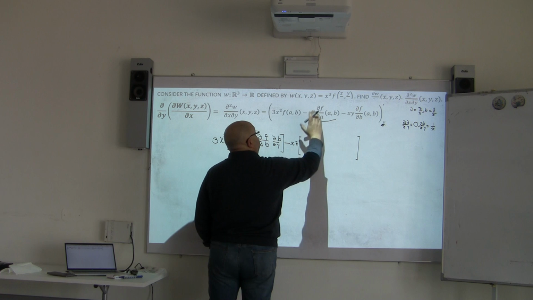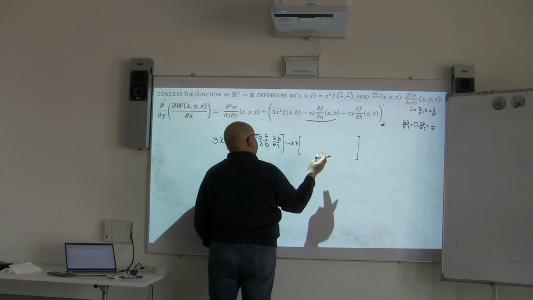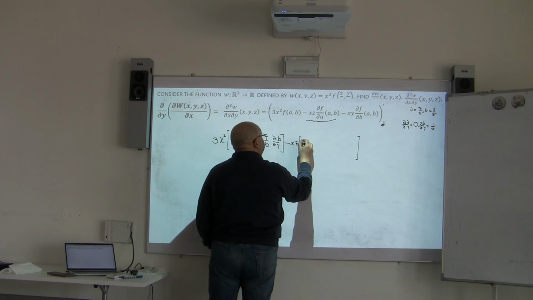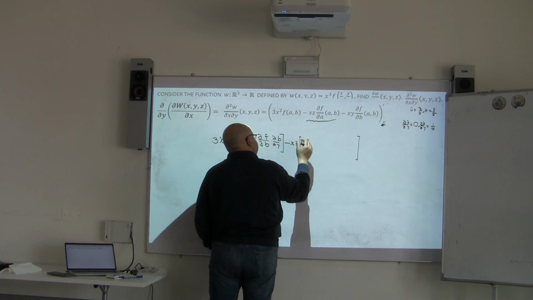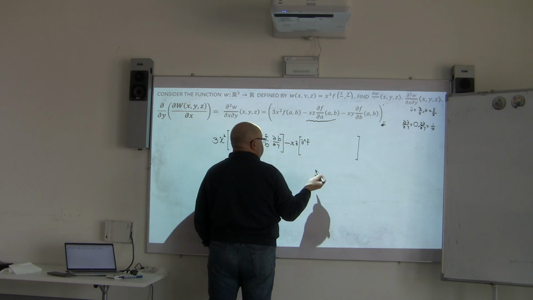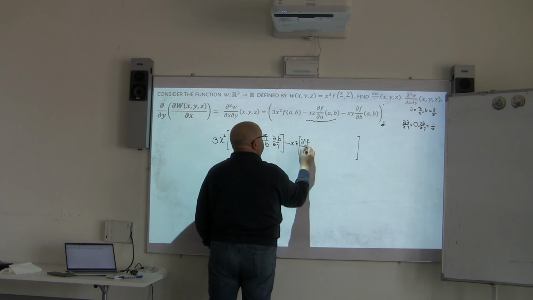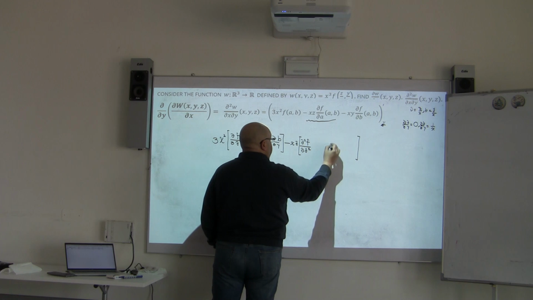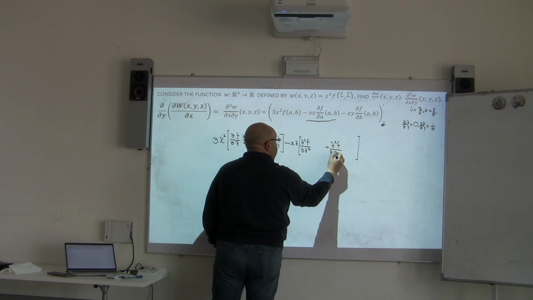In order to get the derivative of this function with respect to y, it means I will have partial 2f. I will differentiate the function with respect to its variables first. So it's going to be partial 2f partial a squared, then partial 2f partial a times partial b.